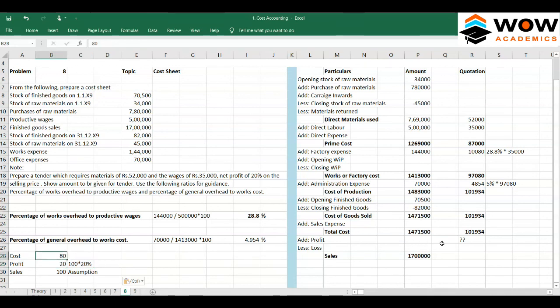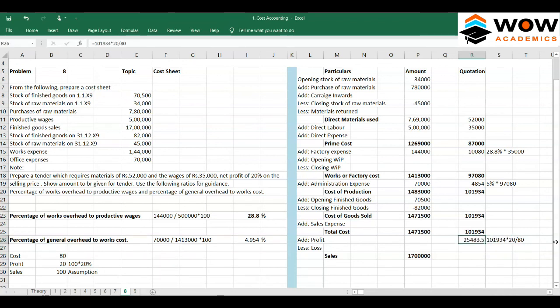So we have to find out 20% of the profit, but what we have in hand is the 80% of the amount is what we know. So or else we'll put like this: we know what is our cost, 101,934 into 20% is our profit and 80% is our cost.